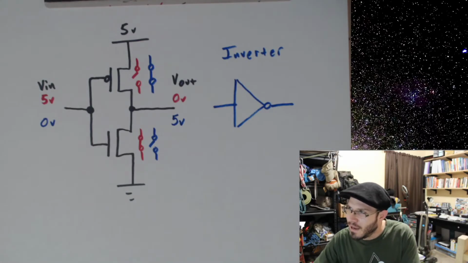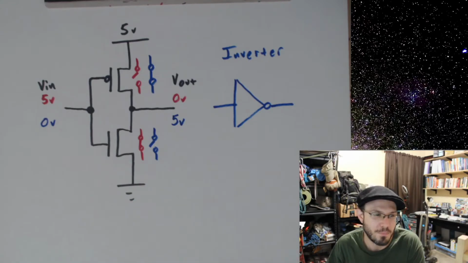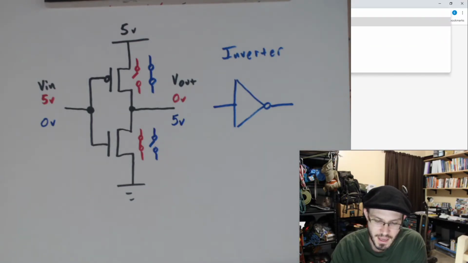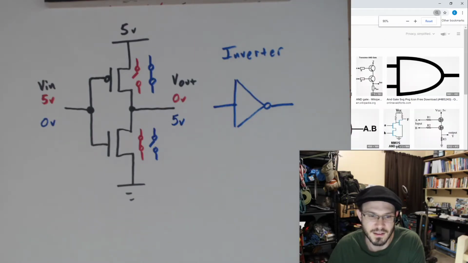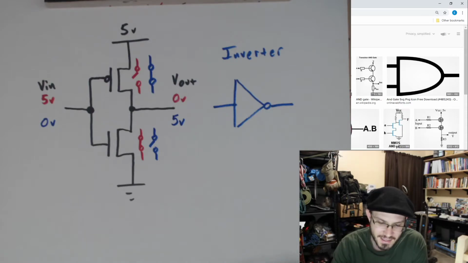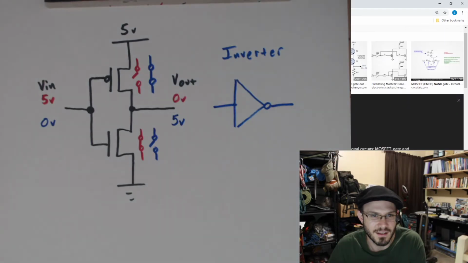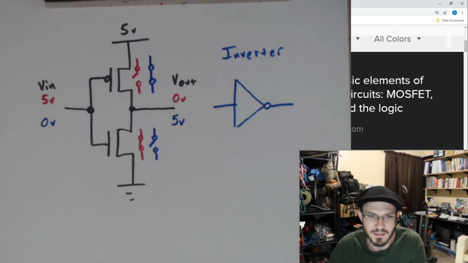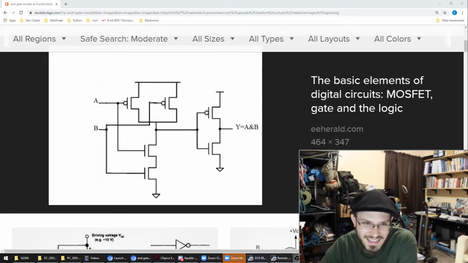Can I construct all of my digital gates this way? Absolutely. Let me go ahead and pull up a browser. AND gate. Let me type in AND gate MOSFET. Here's an AND gate.